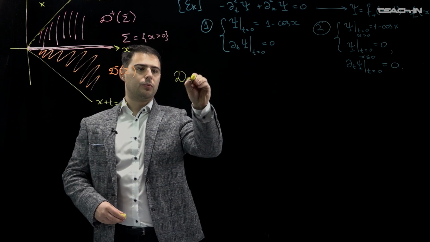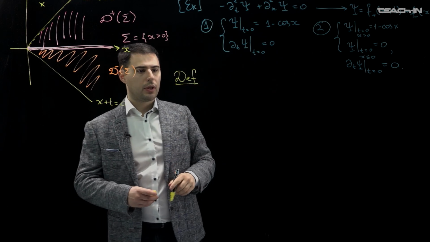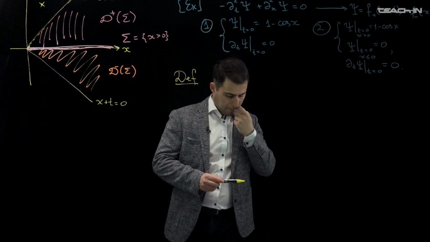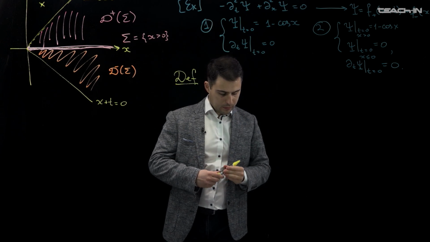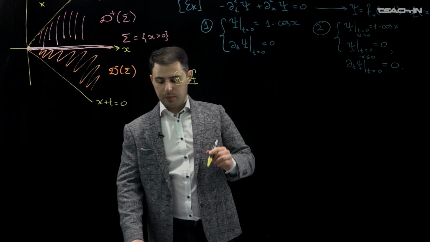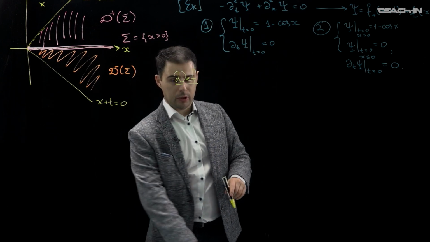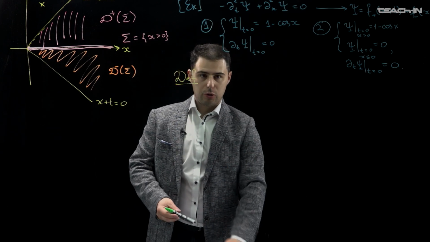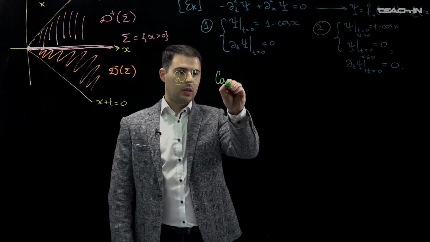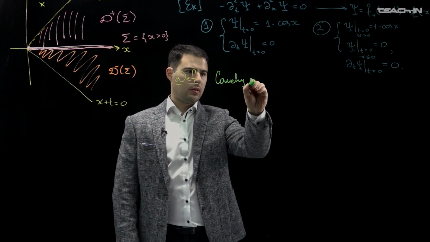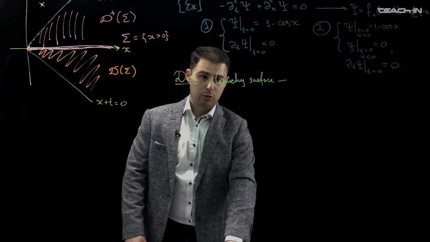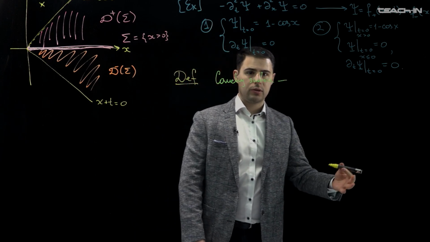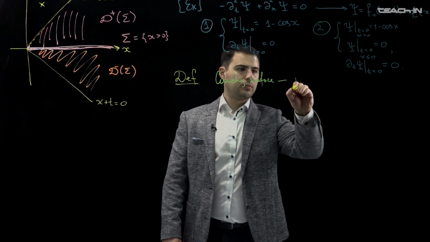So we will call the Cauchy surface a partial Cauchy surface whose domain of dependence is the full spacetime.